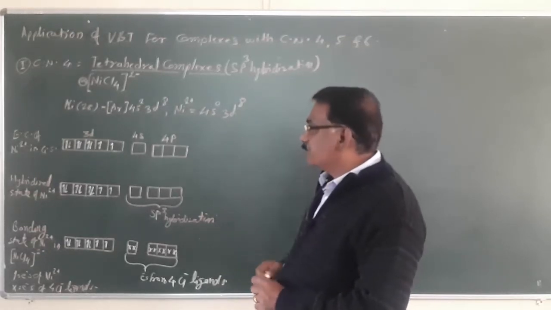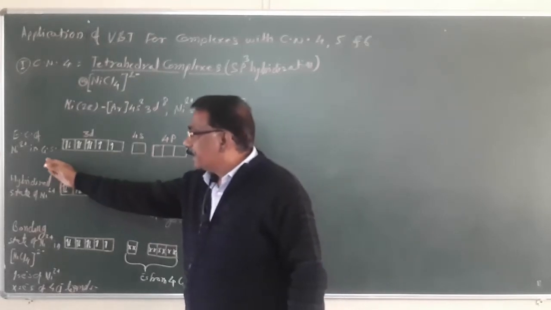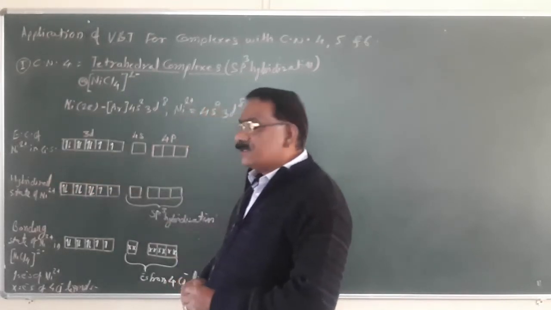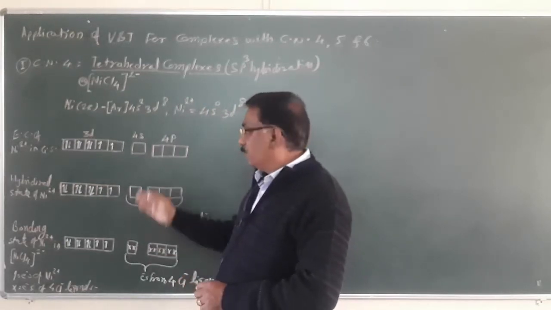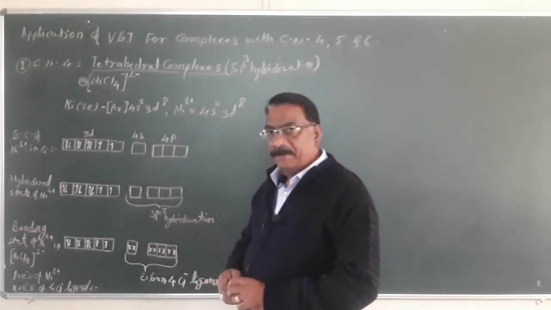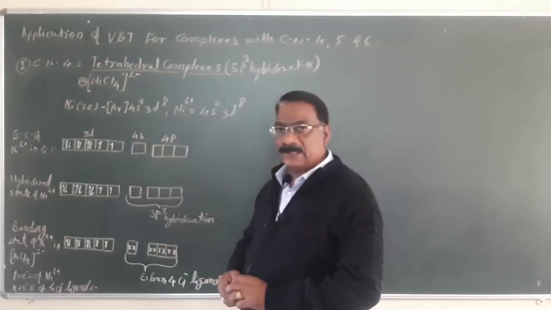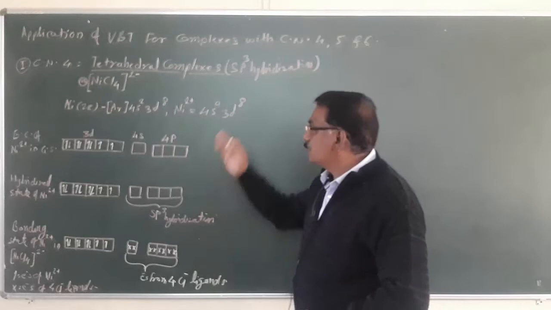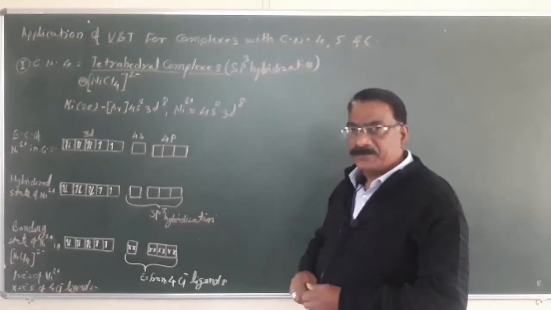See its ground state. In the ground state of Ni2 plus there are 8 electrons in 3d orbital, 4s orbital is empty and 4p orbital is also empty. This tetrahedral complex undergoes sp3 hybridization.